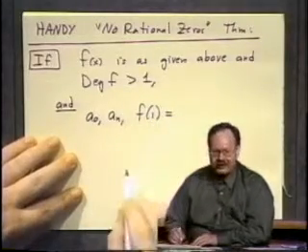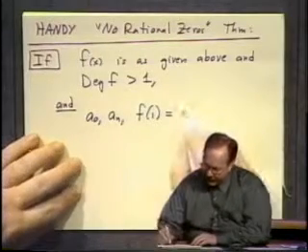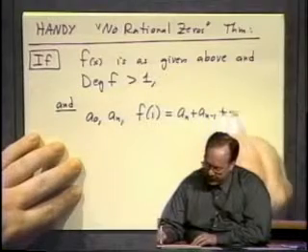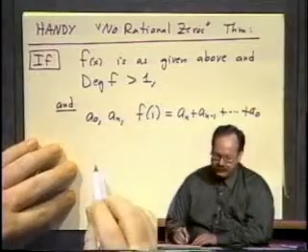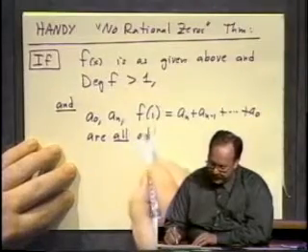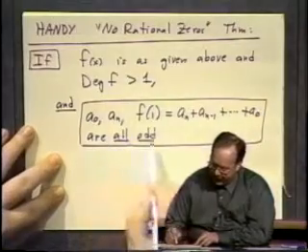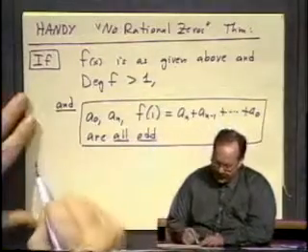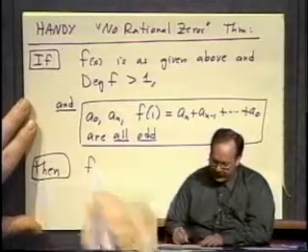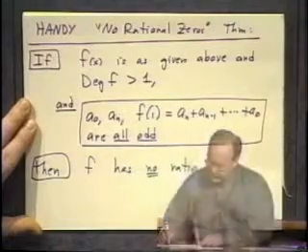When you think about it, if you put 1 in for all of the x's, you just get the sum of the coefficients, a sub n plus a sub n minus 1 plus all the way down to a sub 0.